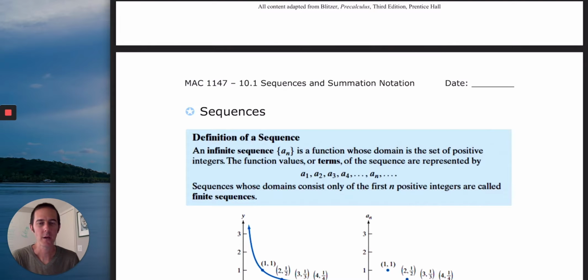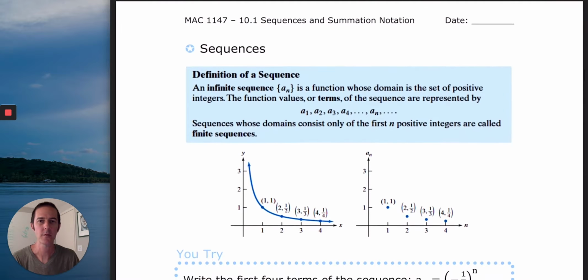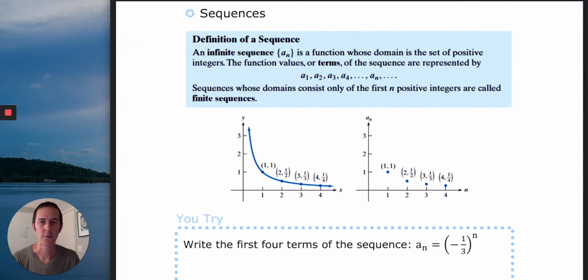In this video, I'm going to walk through some slides that were prepared to go along with Blitzer's Precalculus 3rd edition book. In these slides, we'll see some examples and some formulas, and for those of you who have the printable version of these notes, you can be taking notes as we go along, and if you don't, feel free to pause.